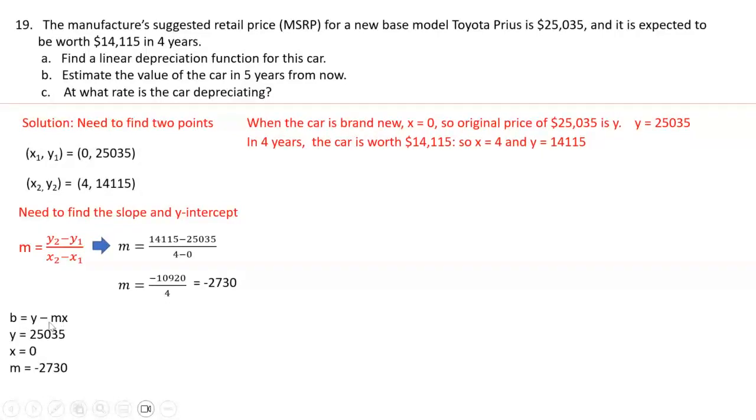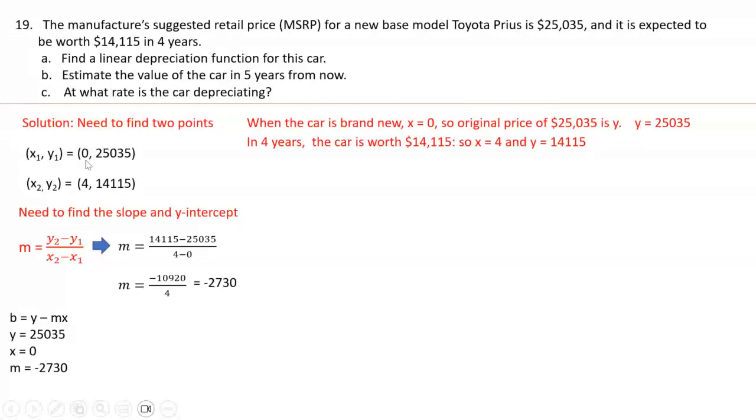Okay, now let's put it in b equals y minus mx to solve for b. But like I tell my students, remember, guys, from when we were graphing, that the y-intercept, or the b, was when x was equal to 0. So my b is 25,035. Okay, but let's assume that you guys didn't know that. So this is how you find the b.